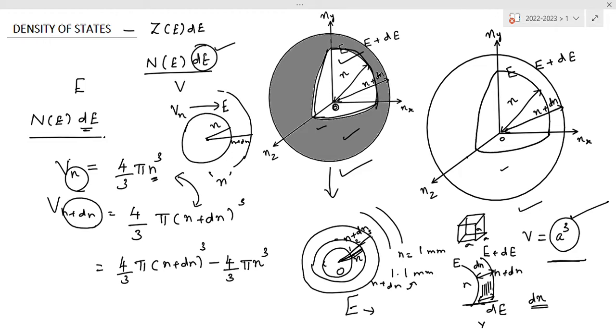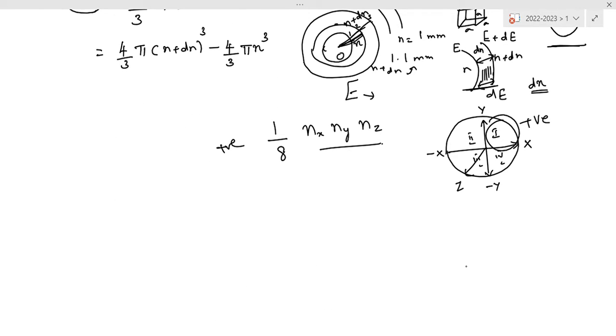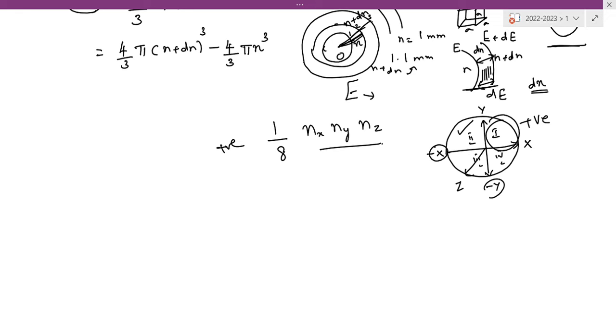The remaining octants will have one or two negative sides. If I consider the second one, there will be a negative here and negative here, and on the other side I have minus z also. Therefore, among the 8 pieces of this sphere, only one will have positive integer values of nx, ny and nz.